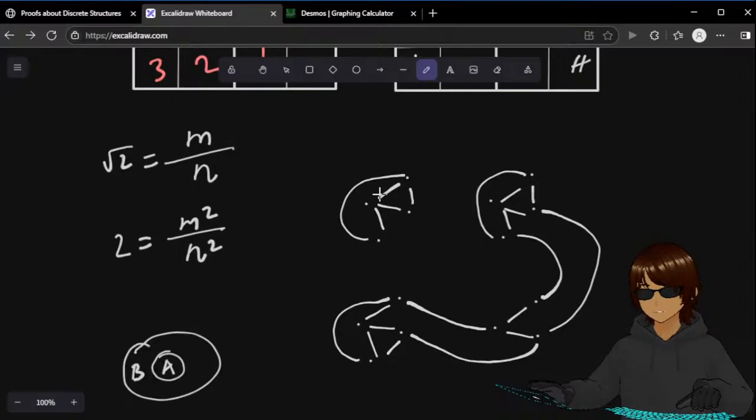And then three. This guy has done three, but this guy is left with two. Yeah, I don't know.